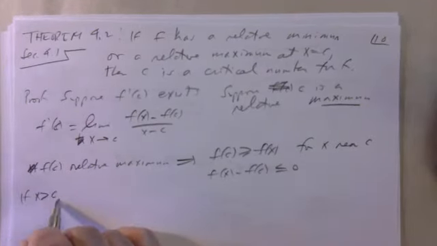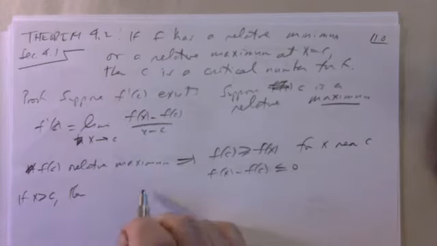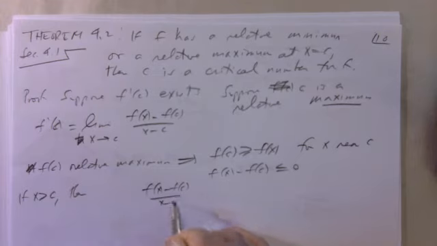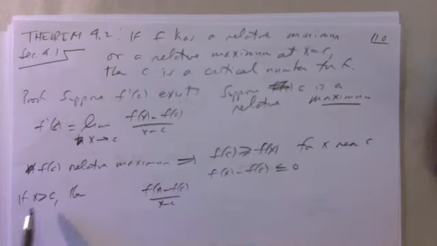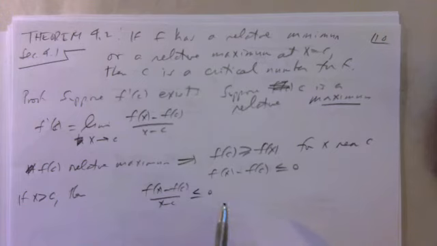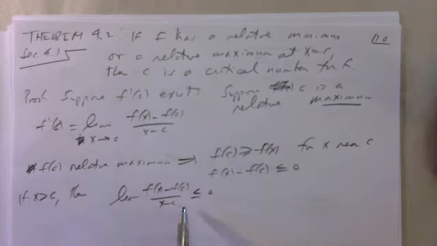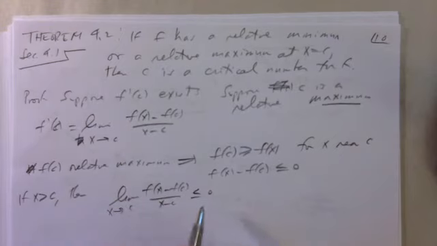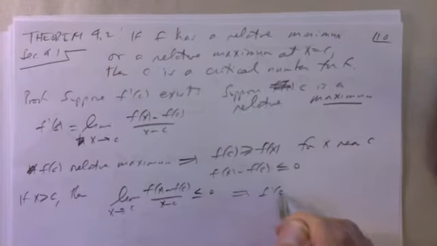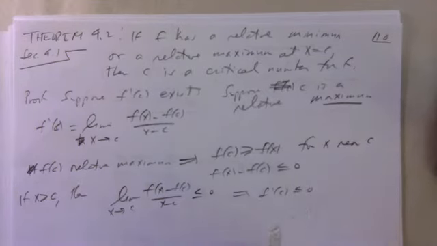If x is greater than c, then x minus c is positive. Negative divided by positive is negative. So the limit as x goes to c is also less than or equal to 0. But this is the derivative. f prime of c is less than or equal to 0.